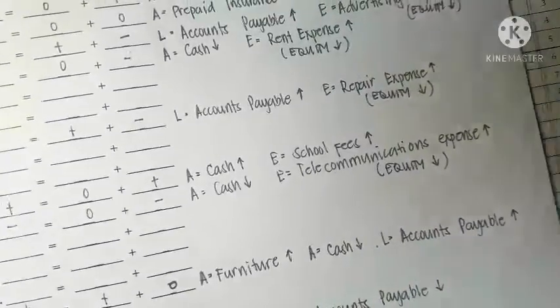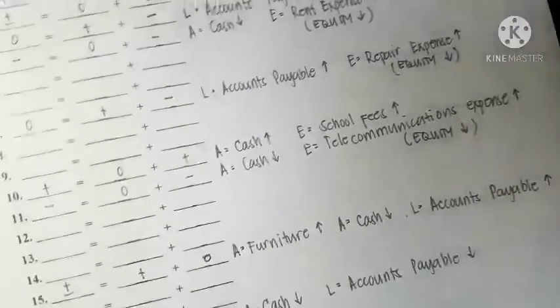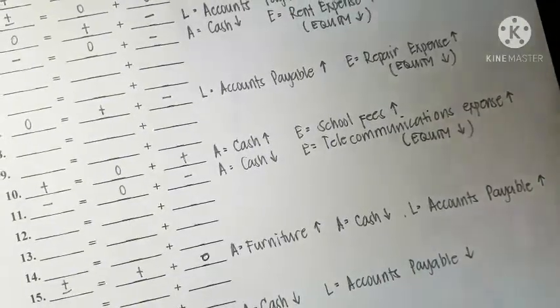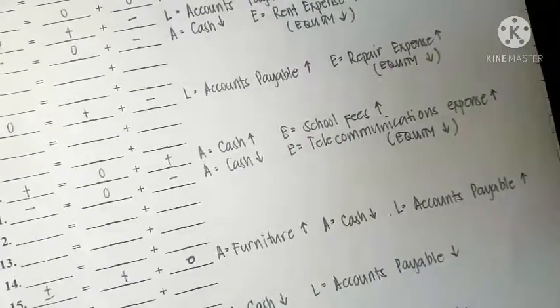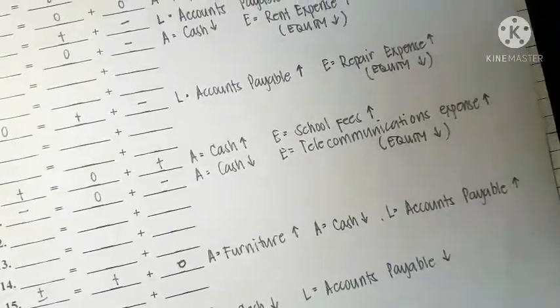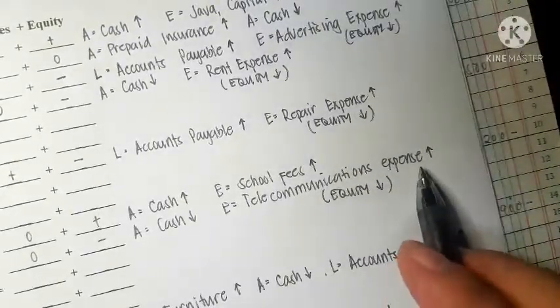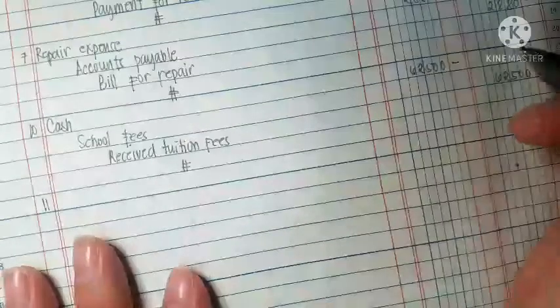October 11, received and paid the telephone bill for 2,300. There is a decrease in asset, particularly cash, and a decrease in equity, particularly telecommunications expense. So, October 11.